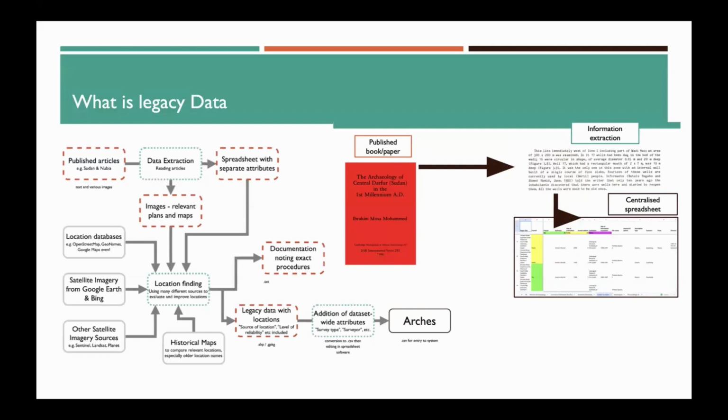And then the location database will be verified using different platforms, GIS or Google Earth Pro. And the documentation notes the exact procedure and uses other satellite imagery sources. And then all the maps will be georeferenced or overlaid just to make sure that we have the exact location.